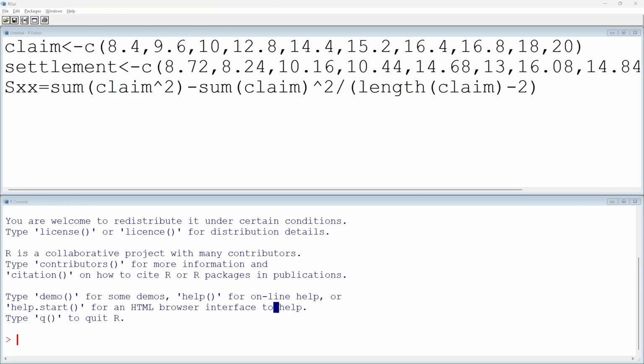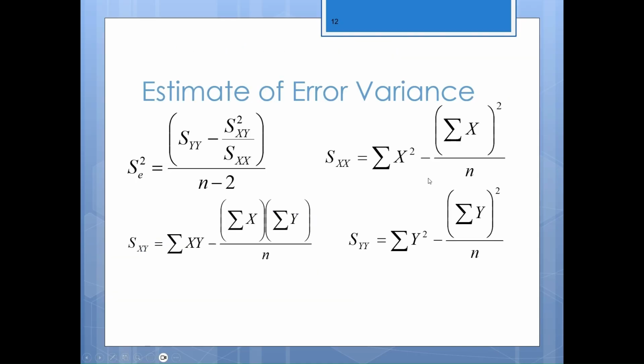So that's the main thing, not divide by the length of claim minus 2, excuse me. I'm doing something wrong now. So length of claim, where is this? There we go, divide by length of claim.